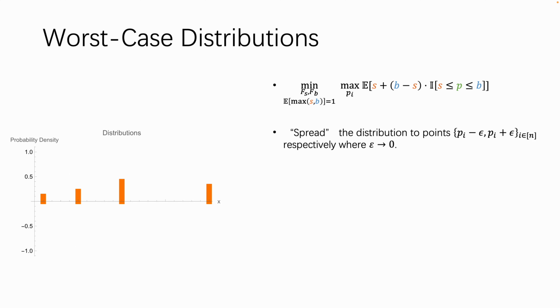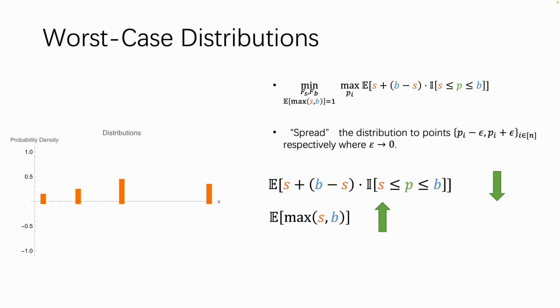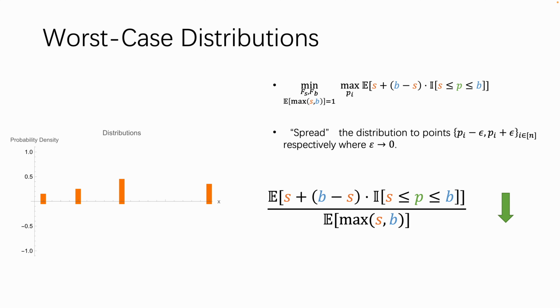And it turns out that after this operation, the seller's and the buyer's distributions become discretized distributions supported on pi minus epsilon and pi plus epsilon. More surprisingly, we find that after such operations, the expected welfare decreases and the optimal welfare increases. So this implies that the approximation ratio of our suboptimal mechanism is worse after such operations.